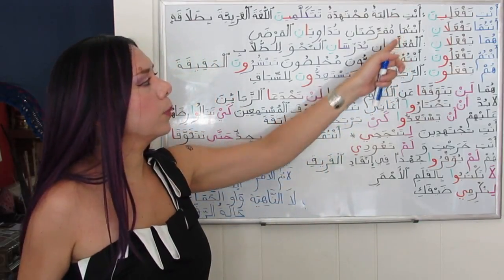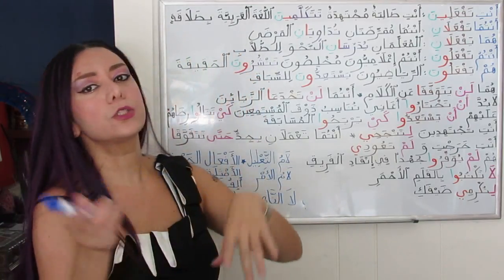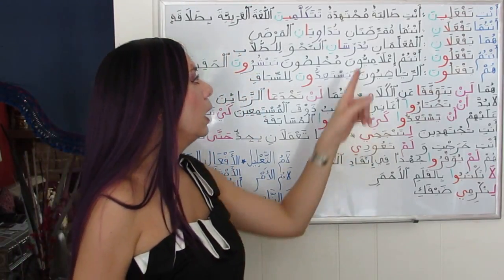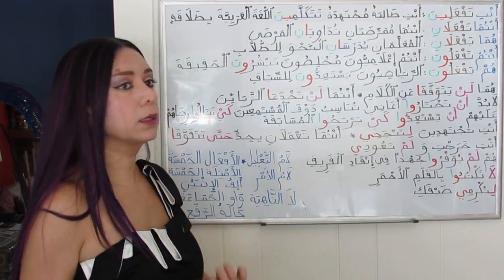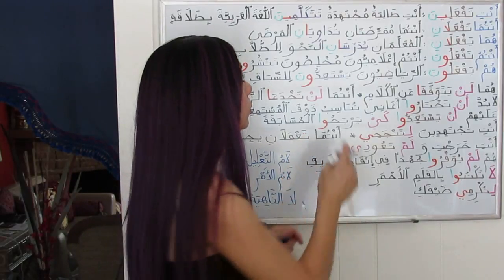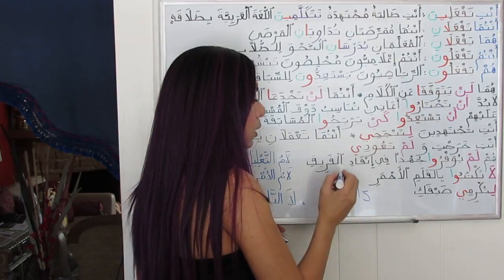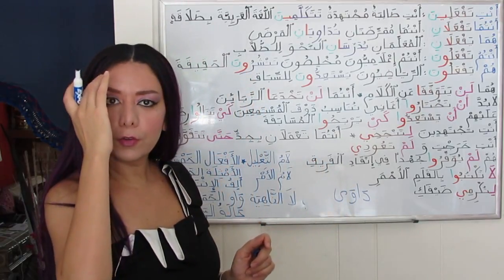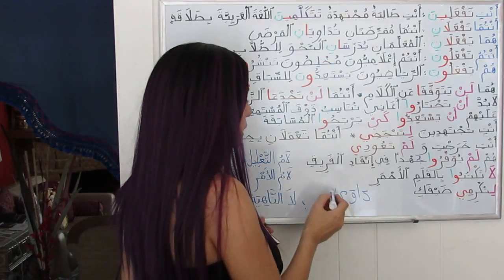Here, أنتما, second person dual. Masculine or feminine, doesn't matter. أنتما ممرضتان تداويان المرضى. Alright? Here, from the verb داوى, quadrilateral verb, داوى, to cure. ممرضة means nurse.